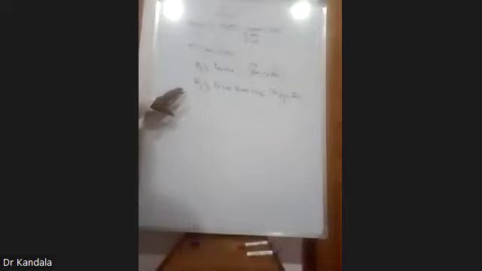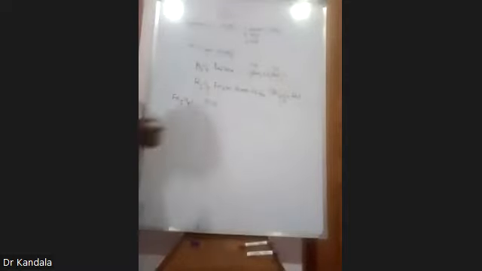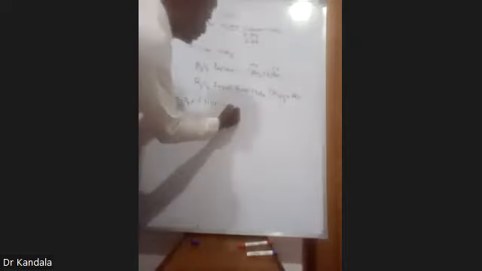For example, these mixed oxides, when treated with acid, produce salts. You take Fe3O4, ferroferric oxide, a mixed oxide, and treat with HCl. It reacts with 8 moles of HCl and produces 2 moles of ferric chloride and 1 mole of ferrous chloride plus 4 moles of water.